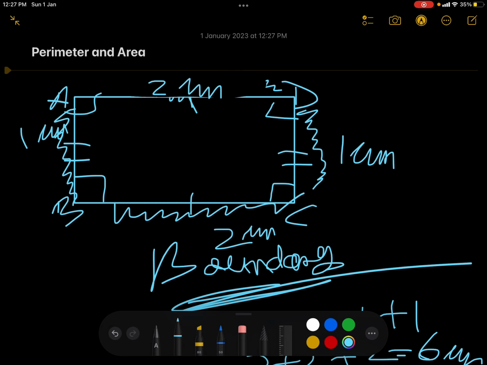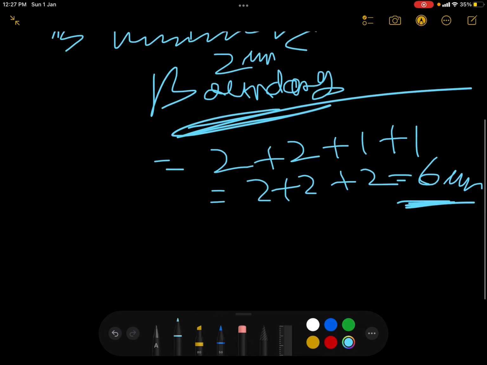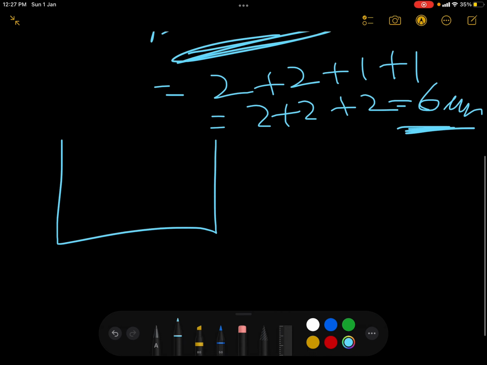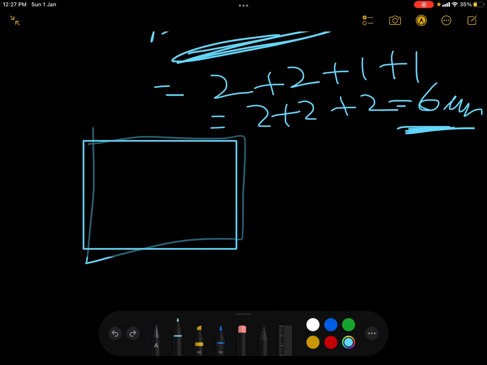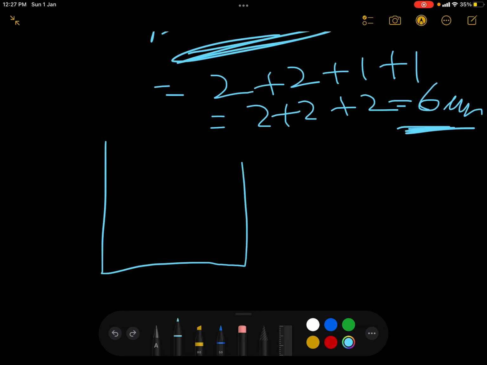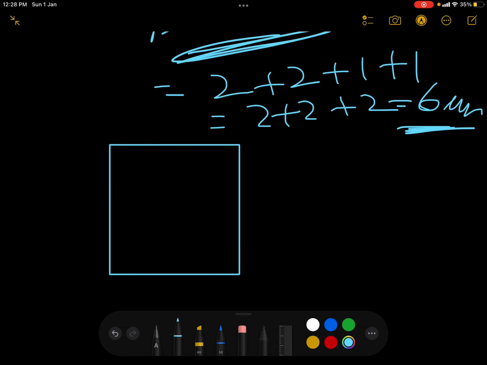Now let's go ahead and understand the perimeter of another figure. Let's say I'll draw a square here. Yeah, so here's our square. It looks a little more like a rectangle, so now it's a perfect square.